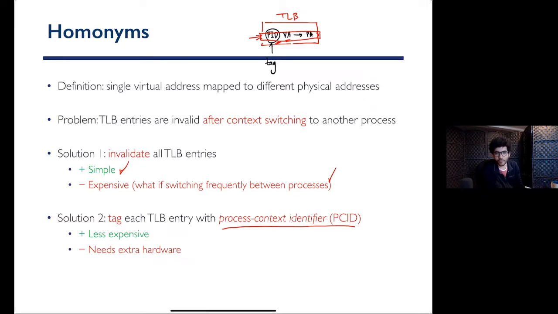So I'm safe. The upside is that it's less expensive because we're not flushing the entire TLB. The downside is that it needs some extra hardware, right? We have to add extra logic to tag, to check the tag, and all of that.